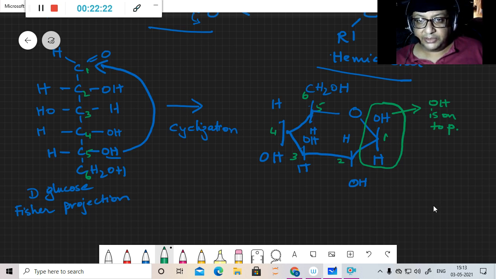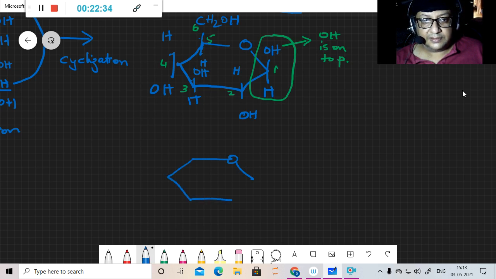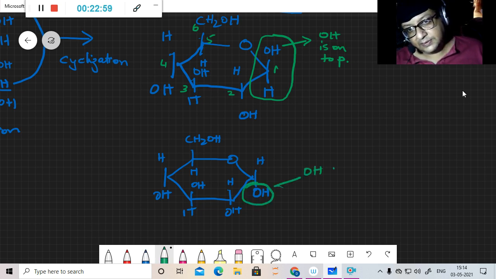The second situation which can happen is this OH is on the bottom.